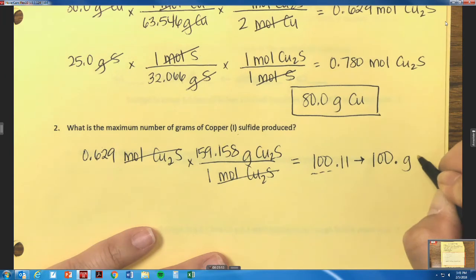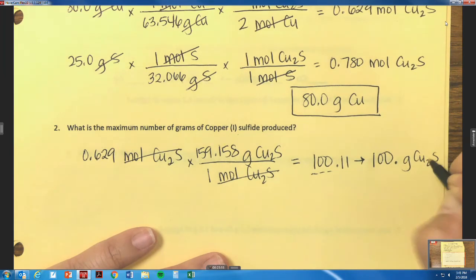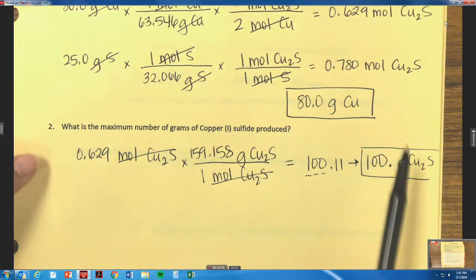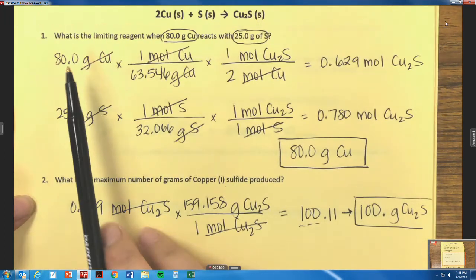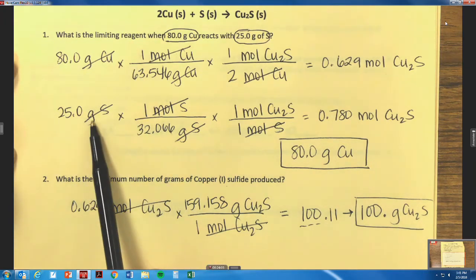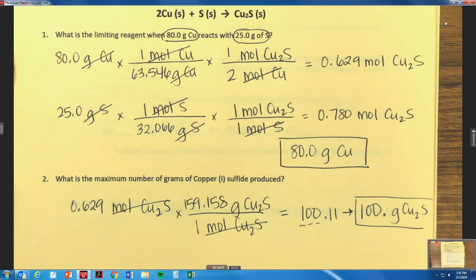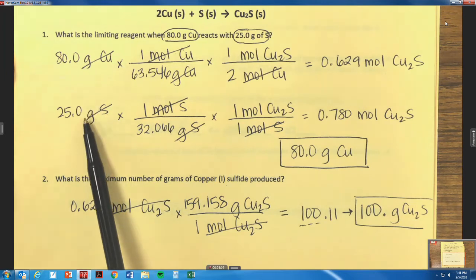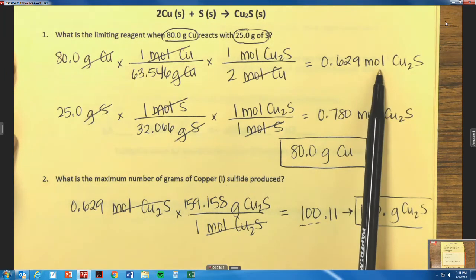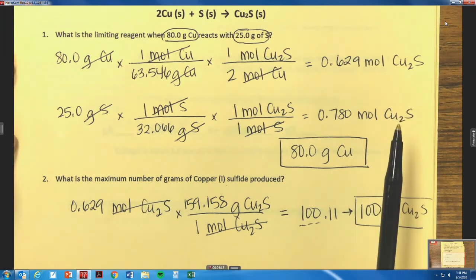So grams of Cu2S. Basically what this is saying is that if we had 80 grams of copper and 25 grams of sulfur, then the maximum amount of product that we'll be able to make is 0.629 moles of copper 2 sulfide.